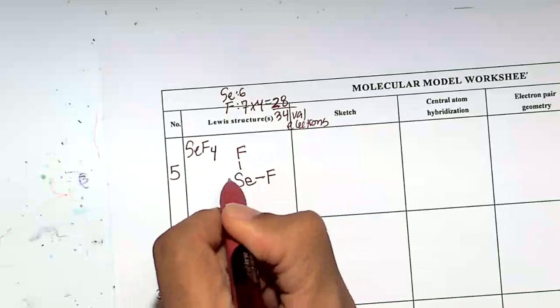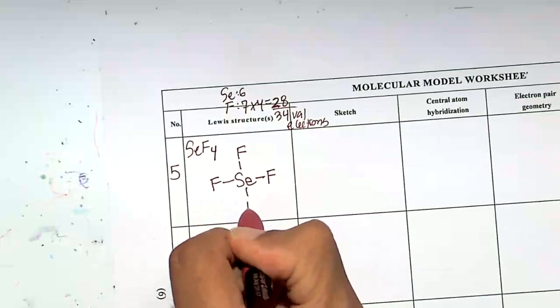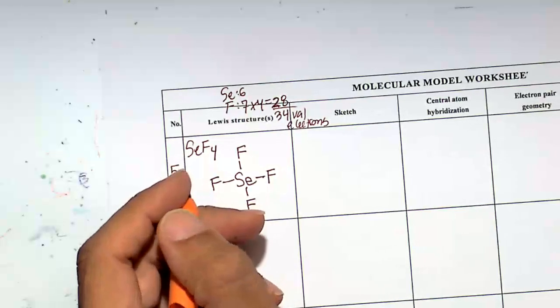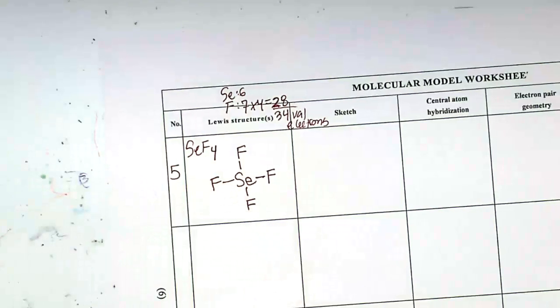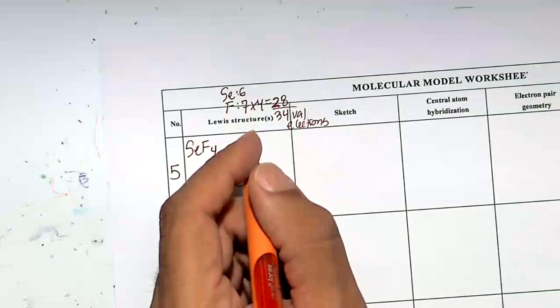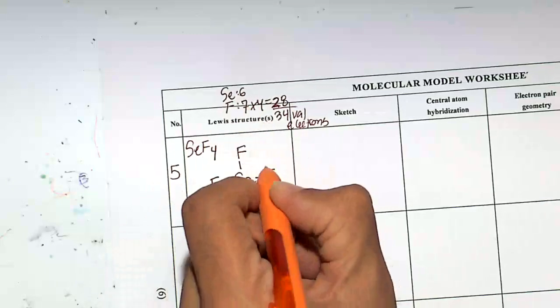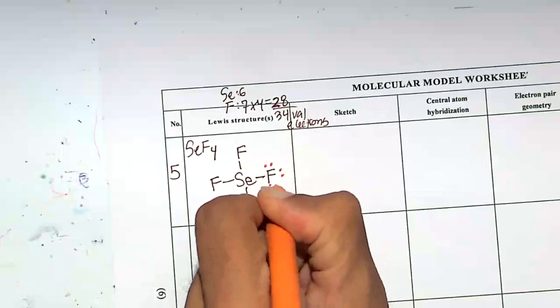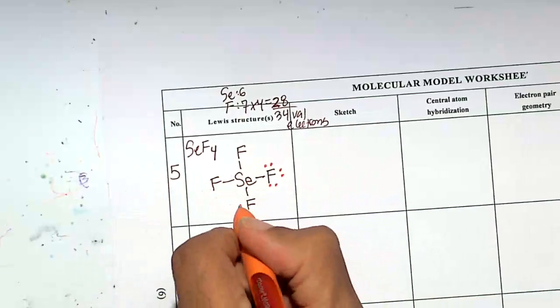1, 2, 3, 4. What did we say about halogens? How many lone pairs are around the atom? For a total of 6 electrons, how many lone pairs would that make it? 3. 3 lone pairs around the halogens, so 1, 2, 3, 4, 5, 6.